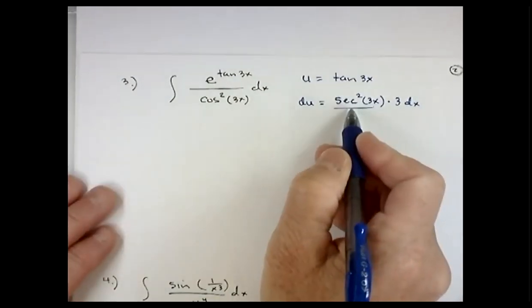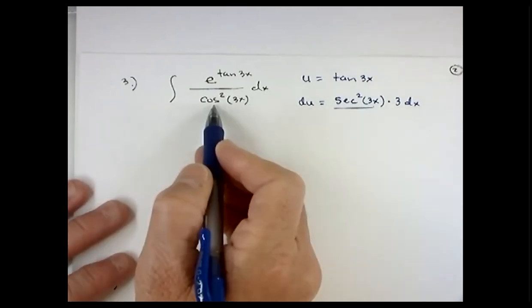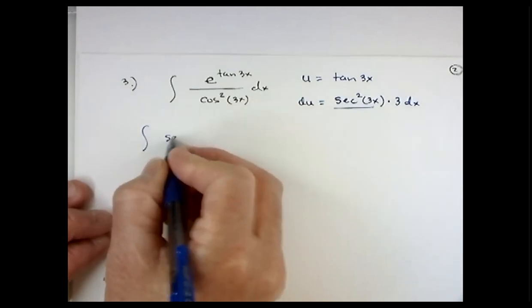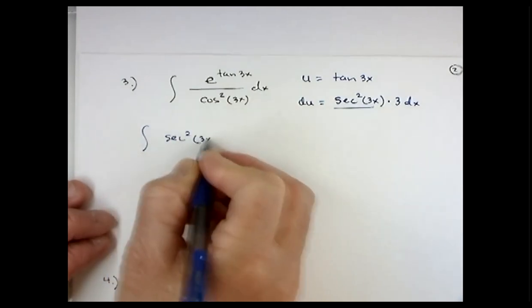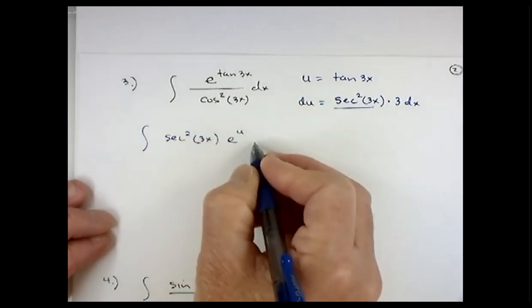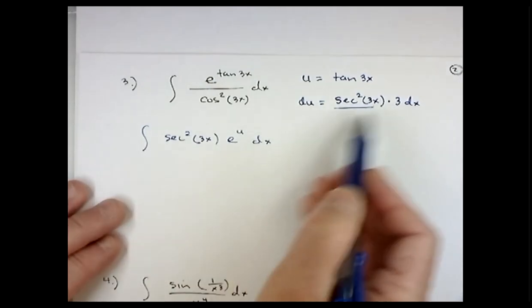At first glance, it's like, wait, I don't even have that. But remember that 1 over cosine squared is really the same thing as secant squared of 3x. And then this is my u, and I still have a dx. I have not replaced that yet.